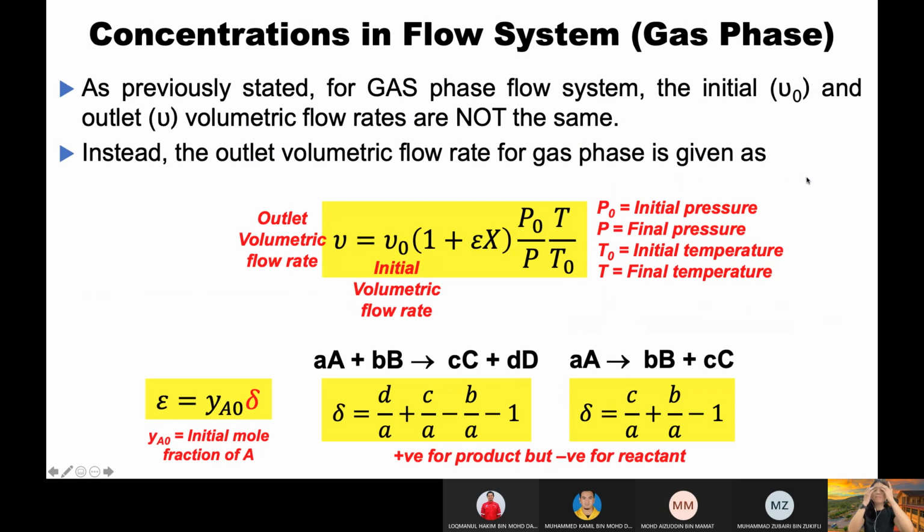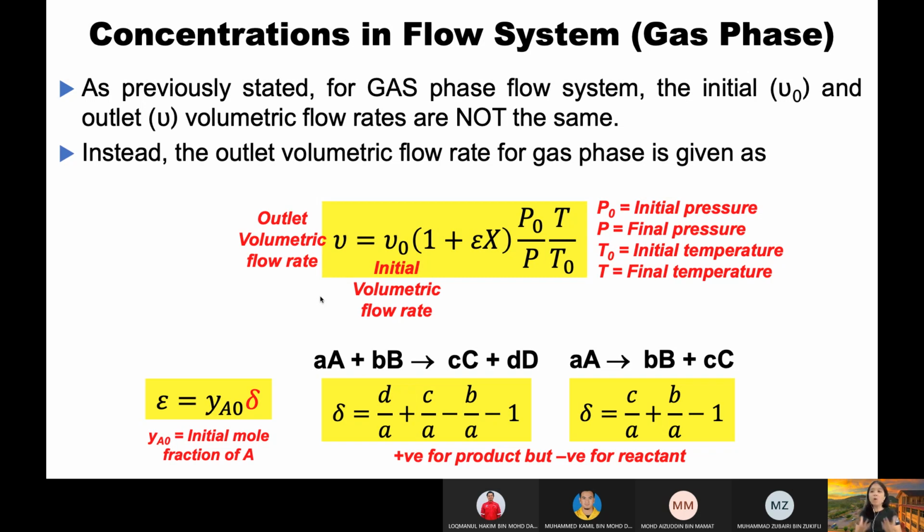So gas ni yang sebenarnya susah because for the case of gas, volumetric flow rate, laju isi padu, inlet dengan outlet ni dah tak sama. Okay, dia tak sama sebab as you know, gas phase systems are always influenced by a lot of variables, especially pressure, temperature, and of course, the chemistry of the reaction itself.